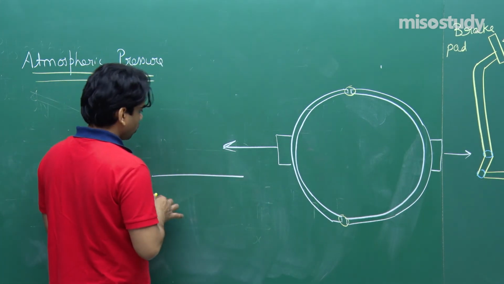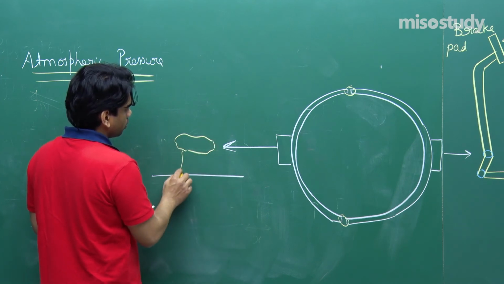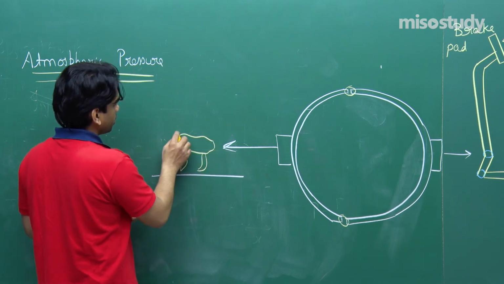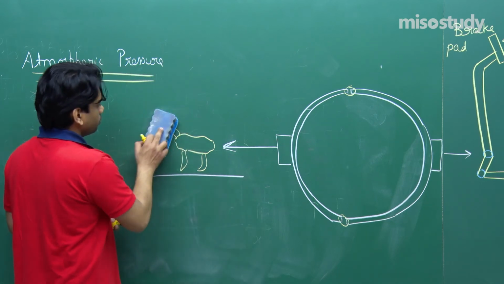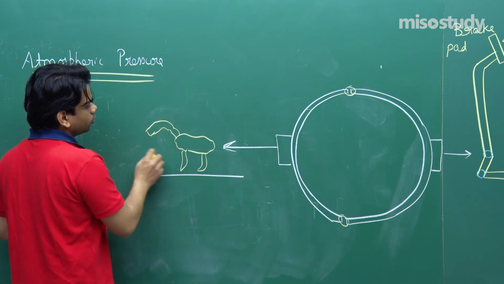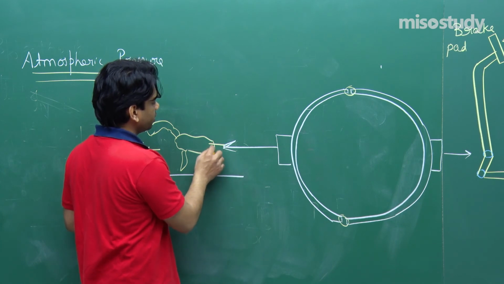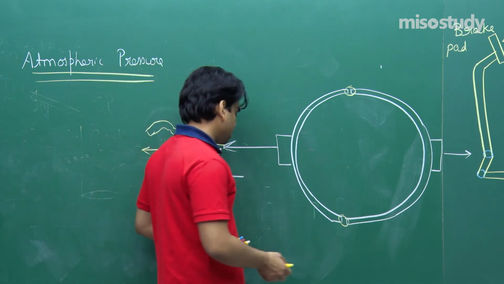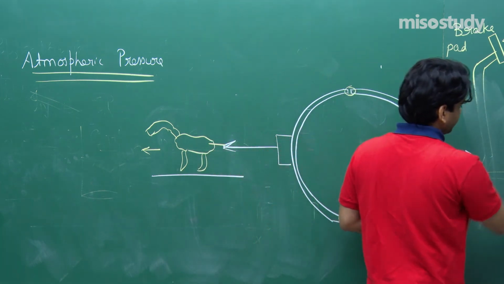If I try to draw, it will be very difficult for me to show you a horse trying to pull it, but even then it was finding it difficult. If it is tied here, even then it was finding it difficult to separate these two spheres.